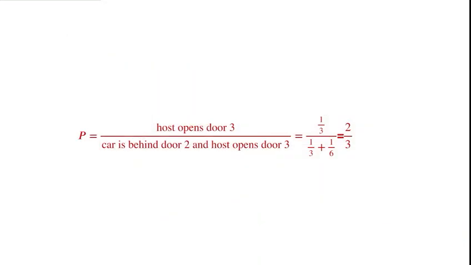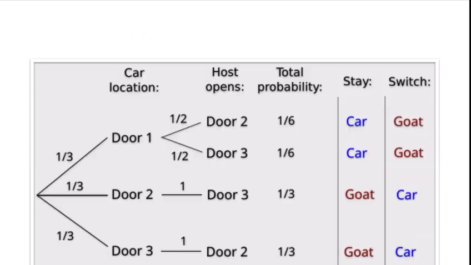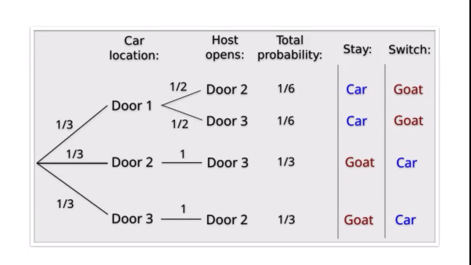These probabilities can be determined referring to the conditional probability. The conditional probability of winning by switching is two-thirds, and you can also use this image to explain the problem. As you see, switching gives you a two-thirds chance of winning the car.